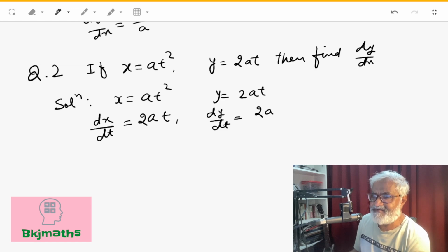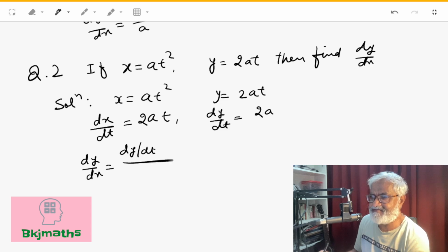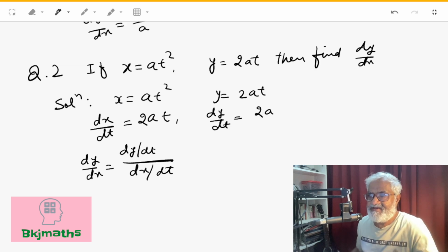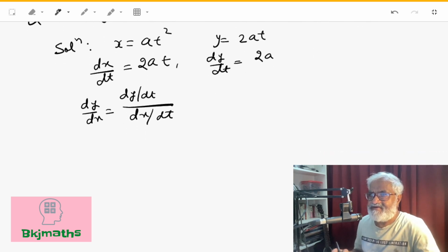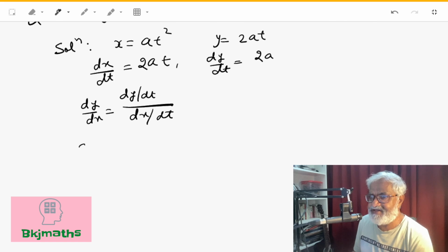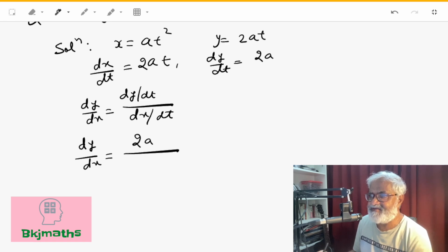Now put in the formula dy by dx equals dy by dt upon dx by dt. So dy by dx equals dy by dt, 2a, upon dx by dt, 2at. 2a cancel.